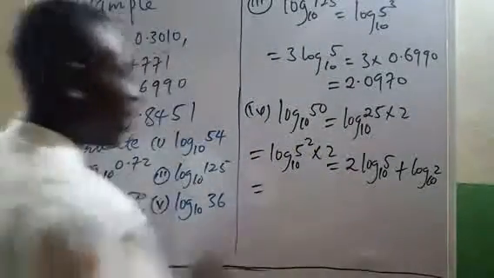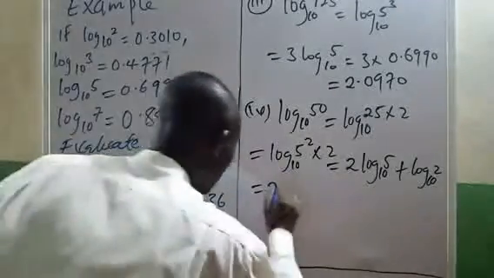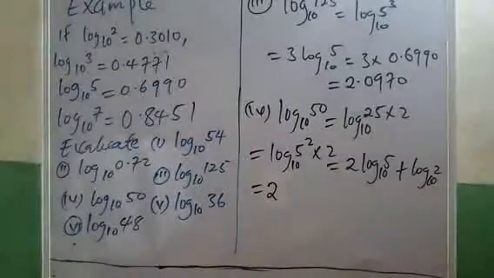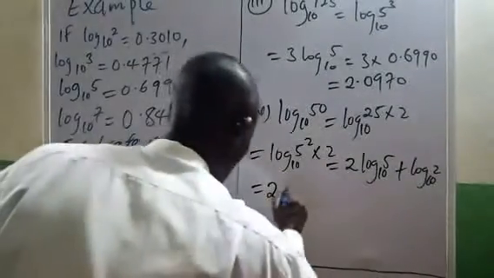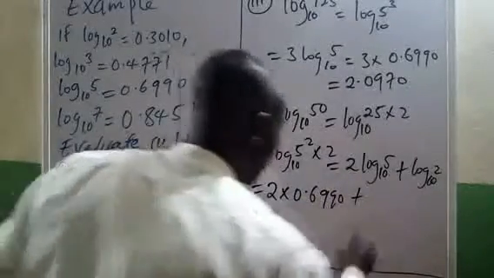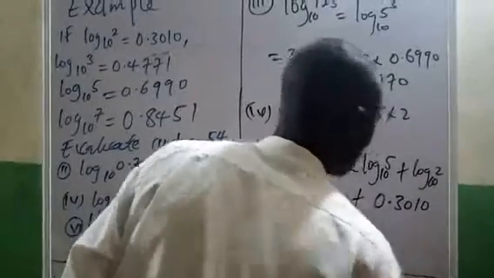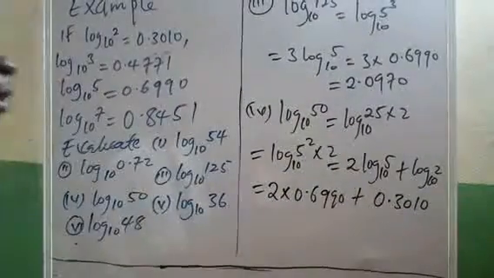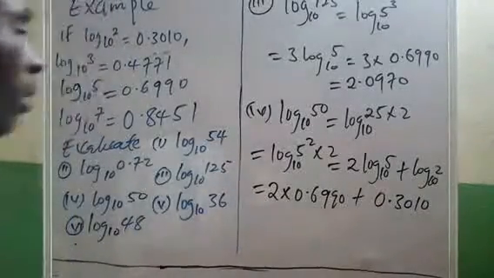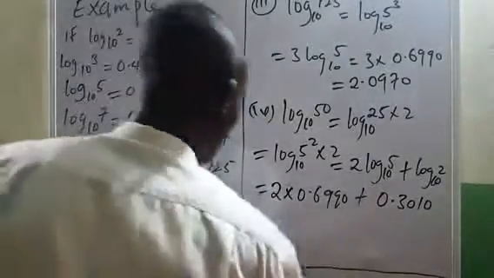So if we put in the values, anywhere you have log 5 base 10, represent it with what? 2 times 0.6990 plus 0.3010. And if you solve this very well, you will have 2 times this.